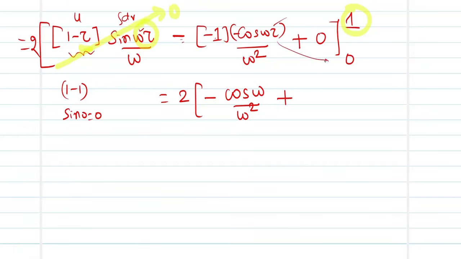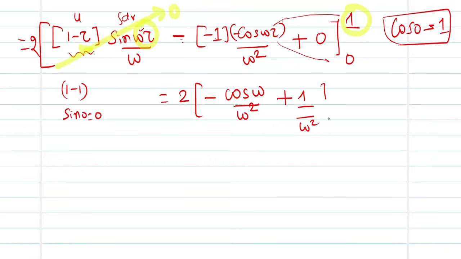Now tau takes the lower limit, which is 0. What do you know about cos 0? Cos 0 is equal to 1. So I substitute the value of cos 0 as 1, so it becomes 1 divided by omega square. Hence I have 2 times of 1 minus cos omega divided by omega square.